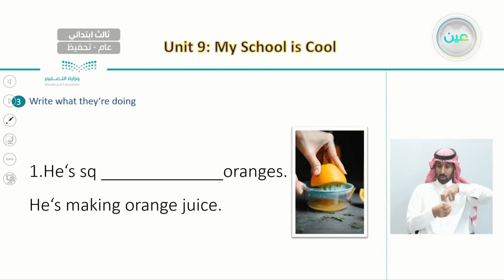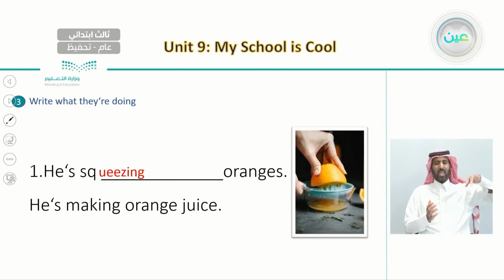The thing that he does starts with S and Q. Can you remember the verb that starts with S and Q? He is squeezing oranges. What do we mean by squeezing oranges? We mean he is making orange juice.